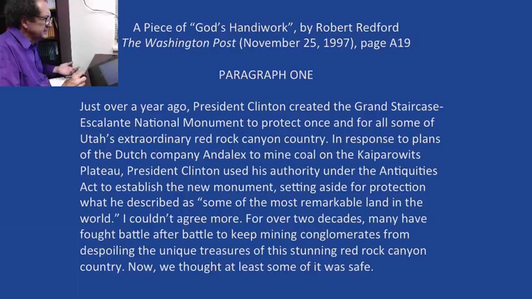Okay, so the first sentence says, "Just over a year ago, President Clinton created the Grand Staircase-Escalante National Monument to protect once and for all some of Utah's extraordinary Red Rock Canyon country." Word number one, "just." Well, justice is a good thing, right? So that must be an evaluative word.